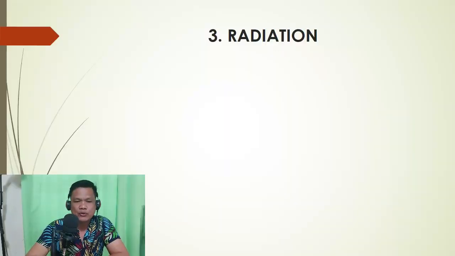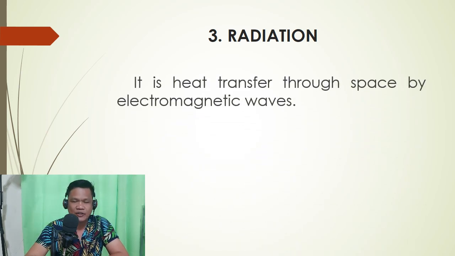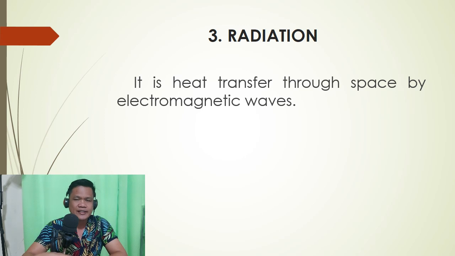The third mode of heat transfer is what we call radiation. In conduction, there is a direct contact between two objects without mixing of mass in order for heat to be transferred. In convection, fluid is involved. If there is a flow of current because of the heat that is being added to the fluid, then heat transfer occurs.